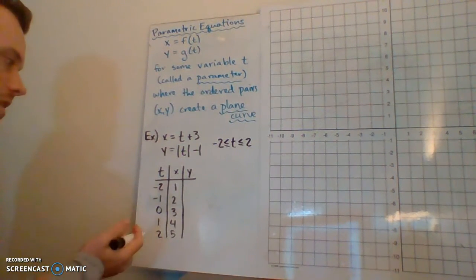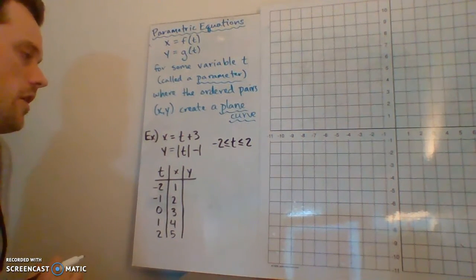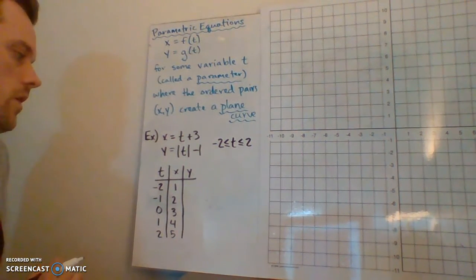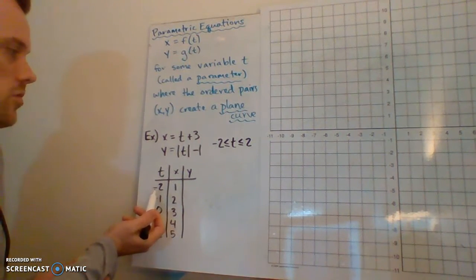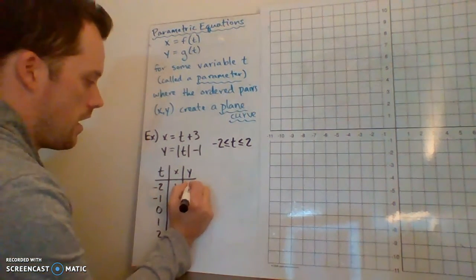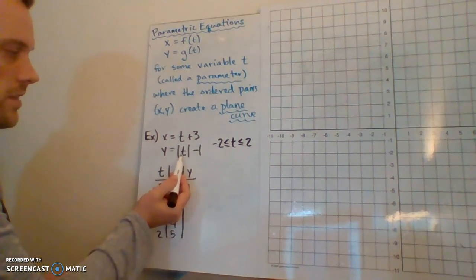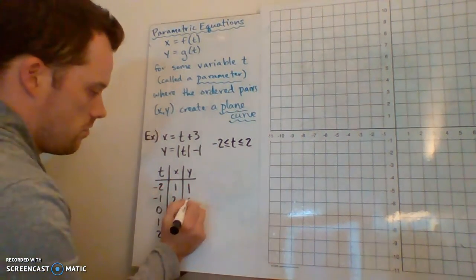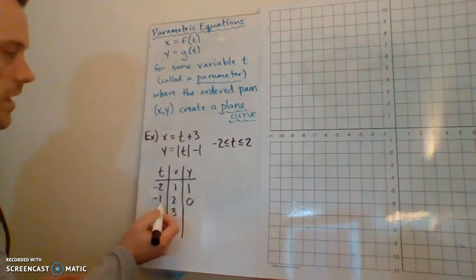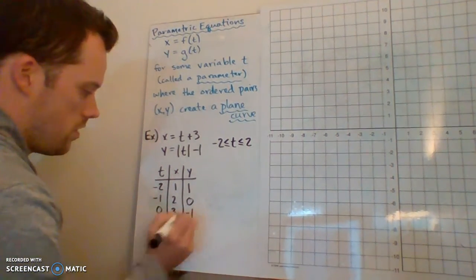So I'm going to take my t values again. Now I have to take the absolute value of t and then subtract 1. So absolute value of -2 is 2, and then I subtract 1 and I get 1. Absolute value of -1 is +1, -1 is 0. Absolute value of 0 is just 0, -1 gives me -1.